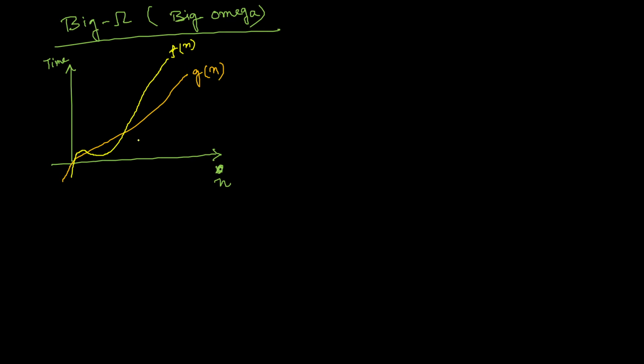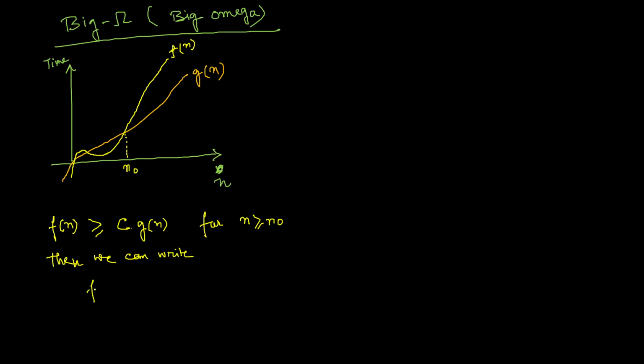In case of big omega, and this is your n0 obviously, we can write that if there is a constant c for which Fn is greater than or equal to c of Gn for n greater than or equal to n0, then we can write Fn is equal to big omega of Gn.